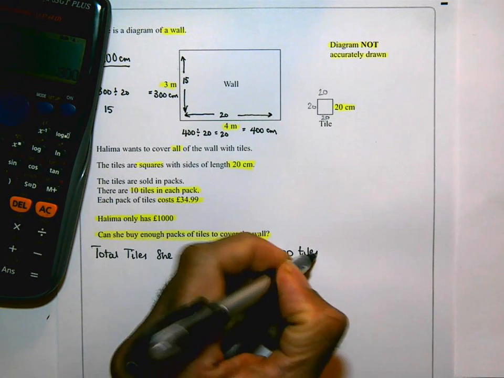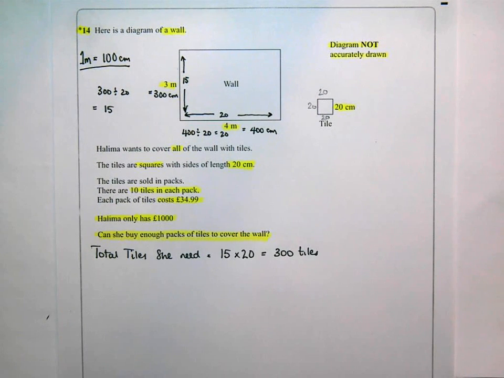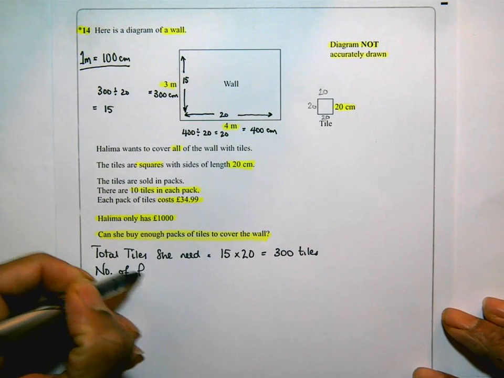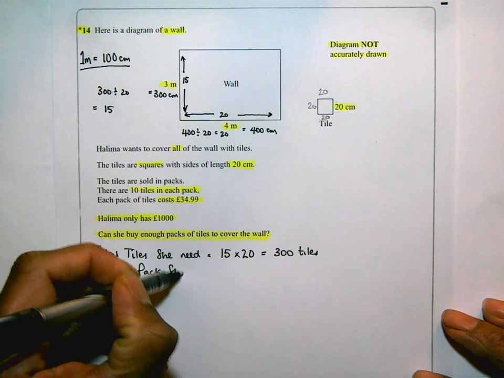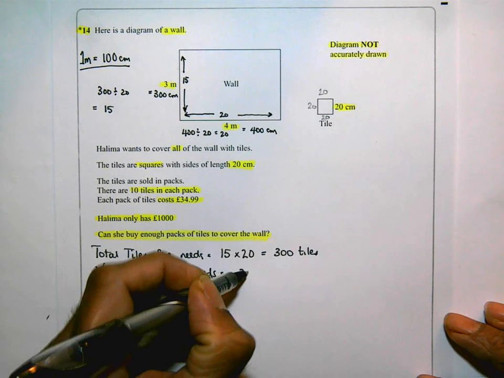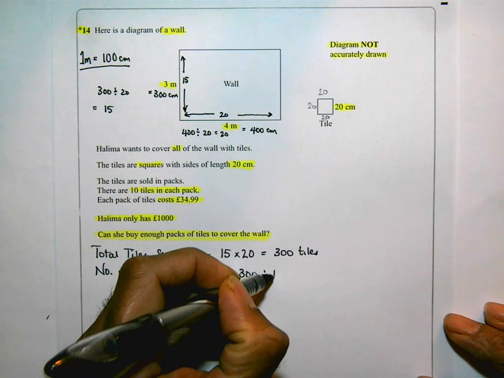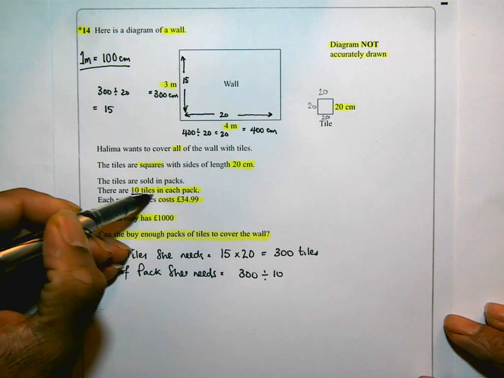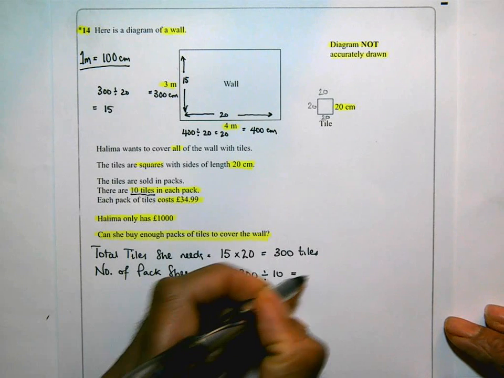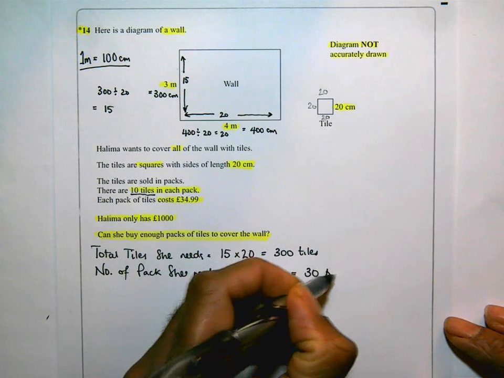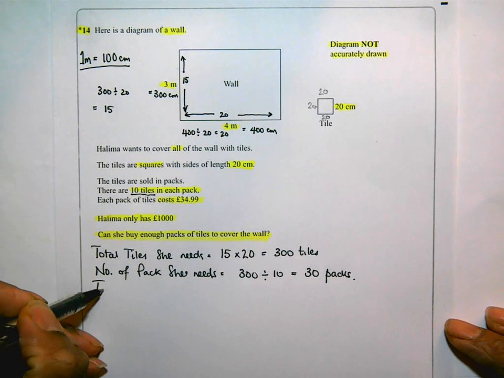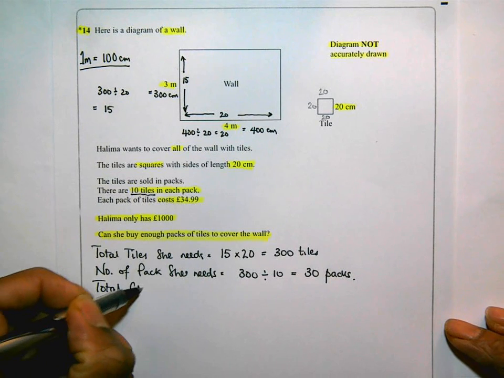Now, if she needs 300 tiles, then the number of packs she needs is 300 divided by 10, because there are 10 tiles in each pack. That's 30 packs. And now finally, I'm going to find out the total cost of 30 packs.